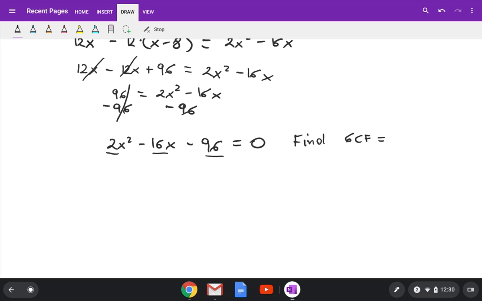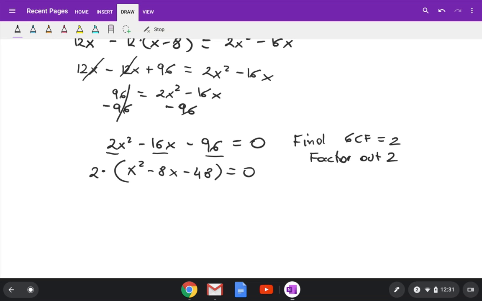The GCF definitely is 2. So I'm going to factor out 2. So 2 times (x squared, negative 16 divided by 2 gives negative 8x, negative 96 divided by 2 gives negative 48) equals 0.